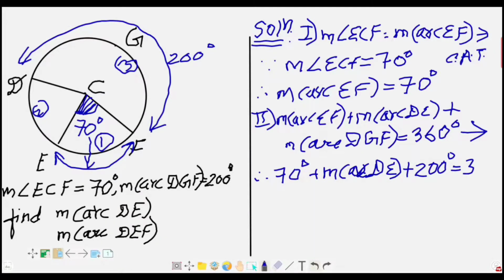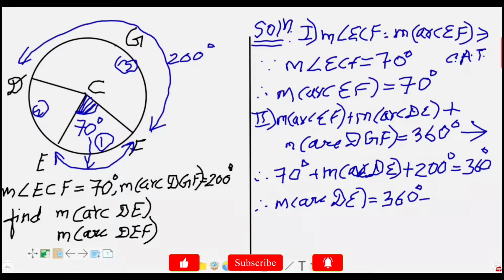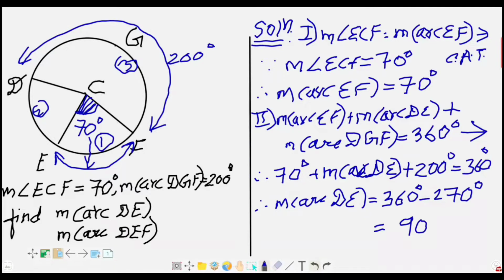So together it will be 360 degrees. So the measure of arc DE will be equal to 360 degrees minus this side, 200 plus 70 is 270. When you transfer that side, it will be 270 degrees. So 360 minus 270 will be 90 degrees. So you got 90 degrees, students.